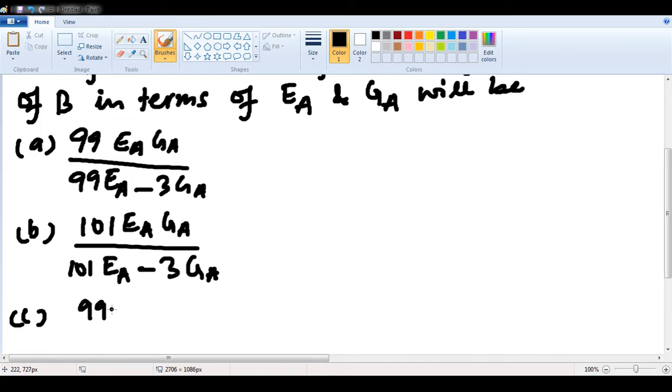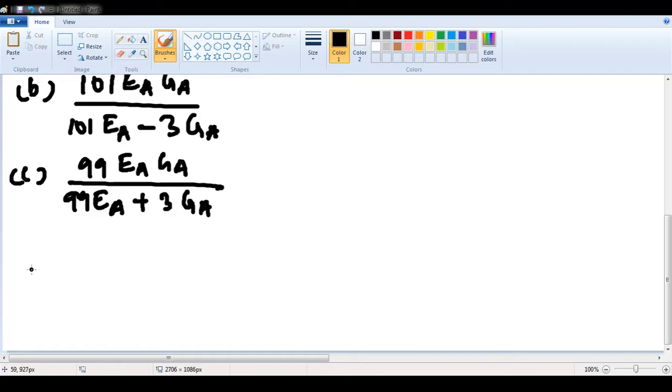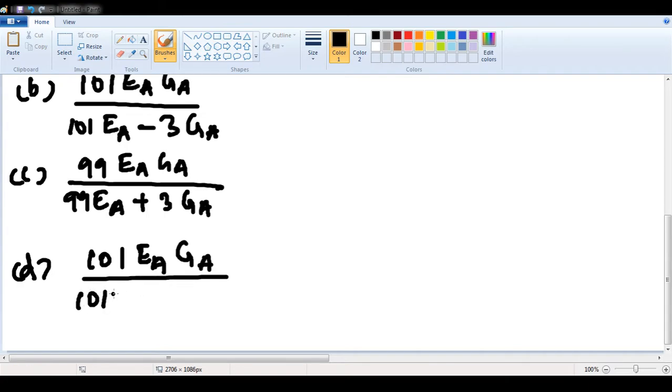Then this is 99 EA GA by 99 EA plus 3 GA, and the last option given here is 101 EA GA divided by 101 EA plus 3 GA.